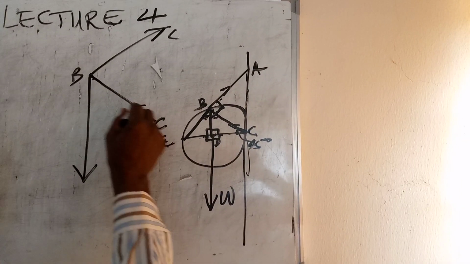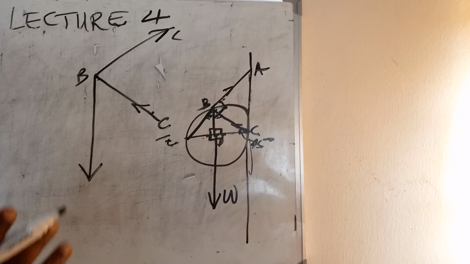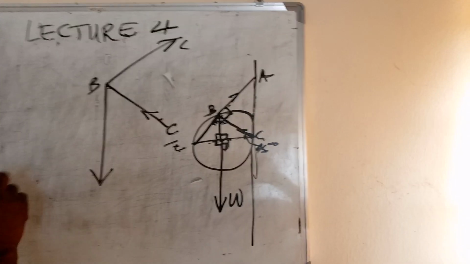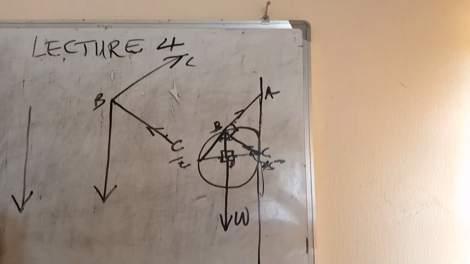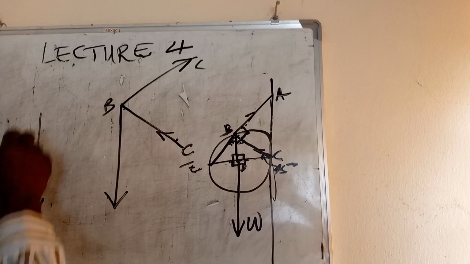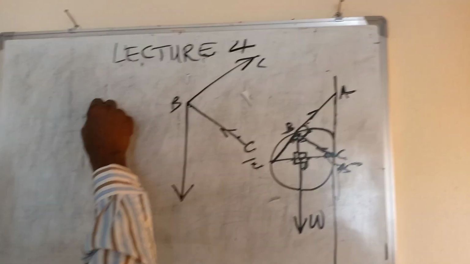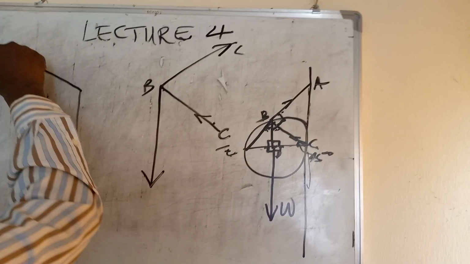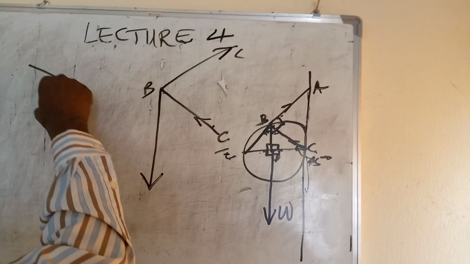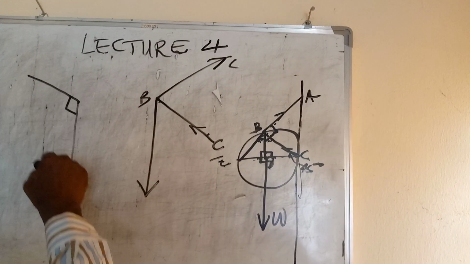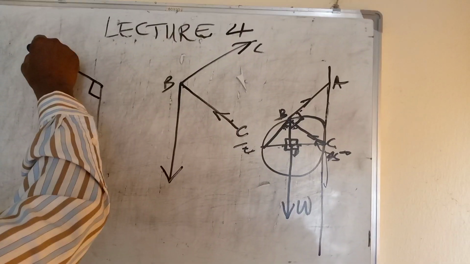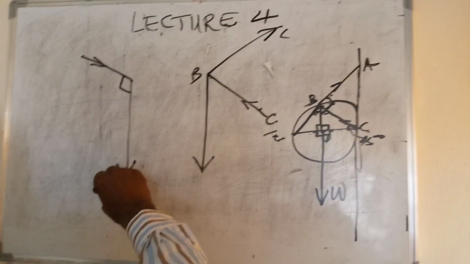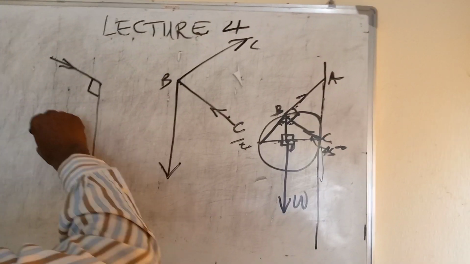So if I want to show that they are in equilibrium, if I want to enclose them in a triangle, I will have the weight of the ball, then the reaction from the wall, which closes with the tension in the string.